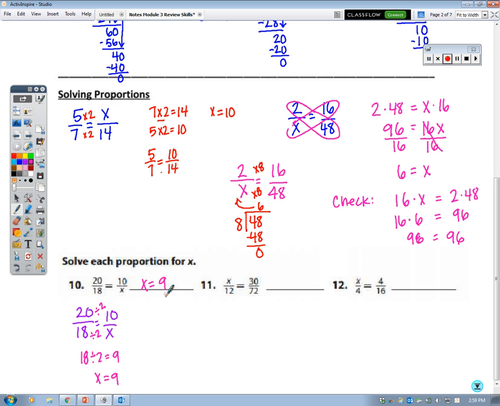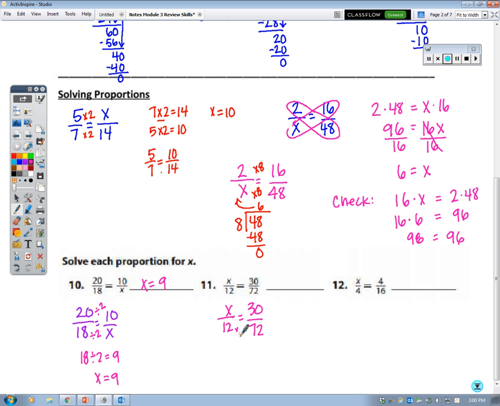The second one we have here, we have x over 12 equals 30 over 72. Now, I know that I can multiply 12 by something to get me 72, but maybe I don't know exactly what that is.